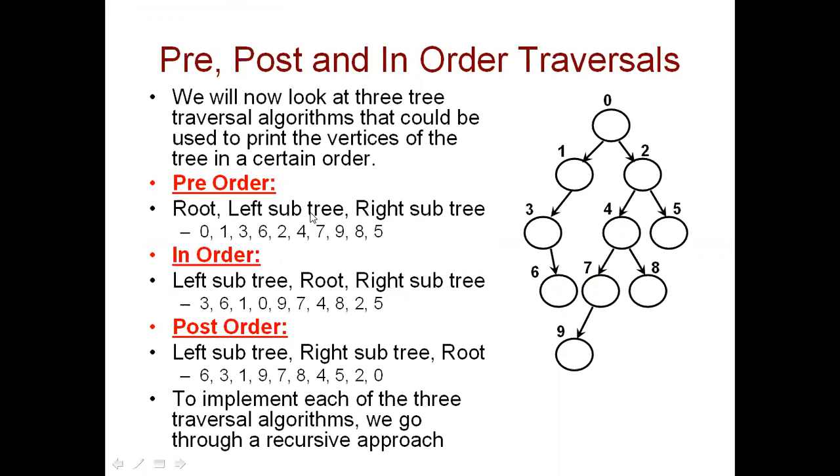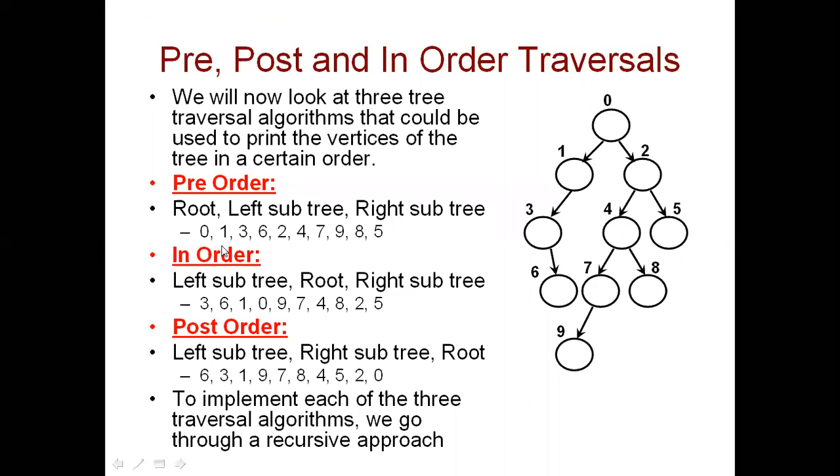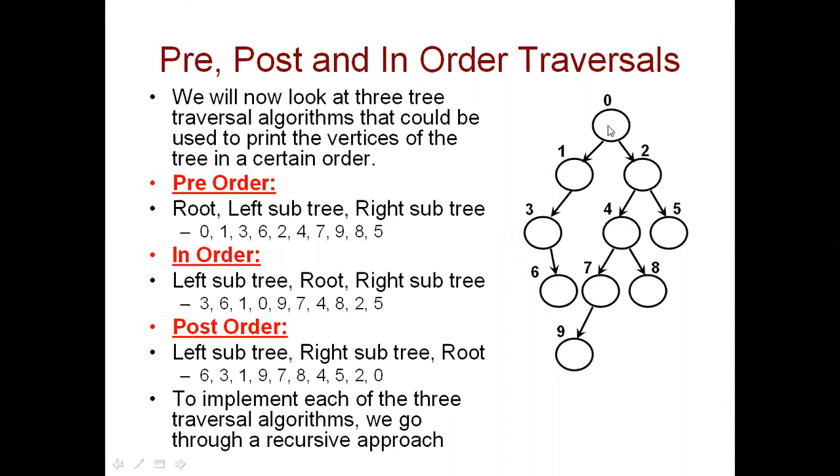In the pre-order, we will be visiting the nodes and printing their node IDs. The time we print the node IDs is what we're going to consider. In the pre-order, we start with the root node and print its ID right away.